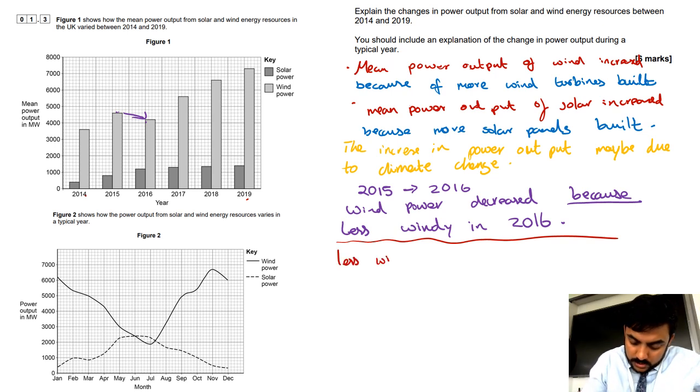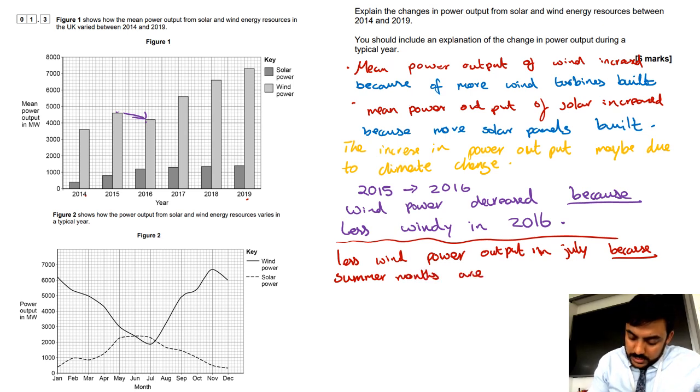Less wind power output in July because, remember, summer months are less windy.